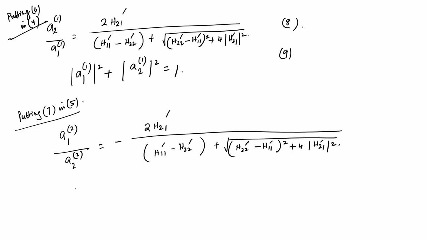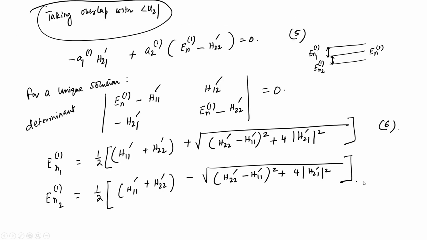Okay. And then again you have A12 mod square plus A22 mod square equal to 1, and these are equations 10 and 11, and put together with all these energy corrections En1 and En2, which are written here.